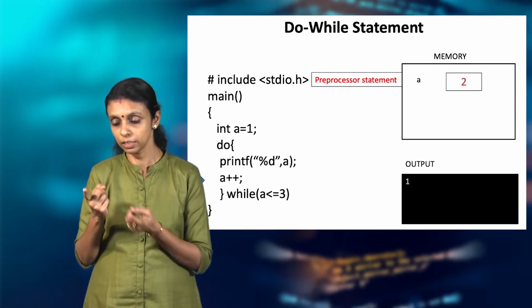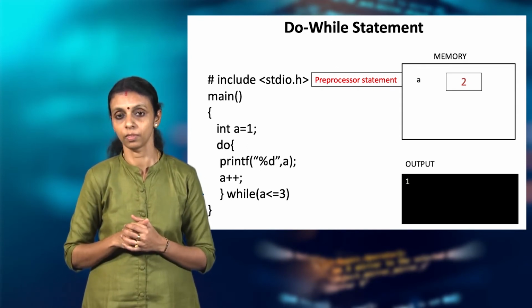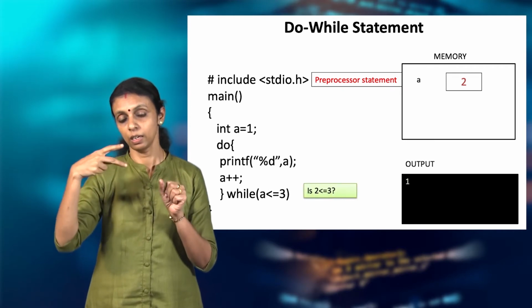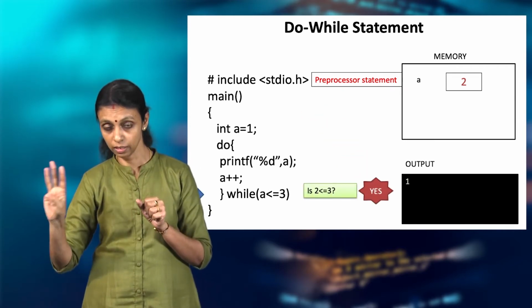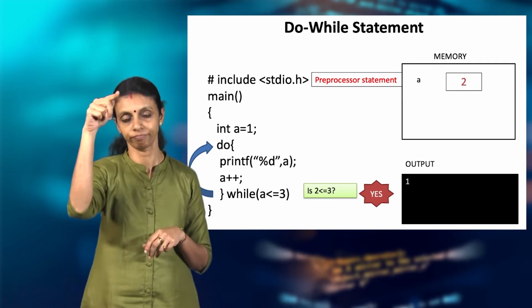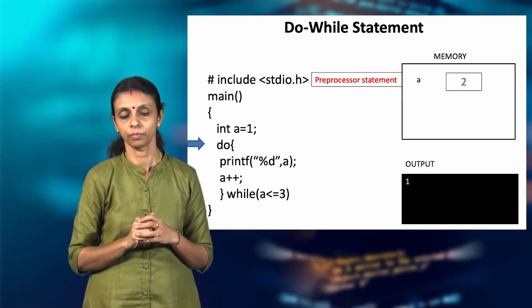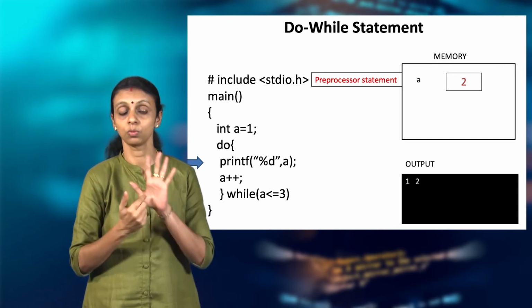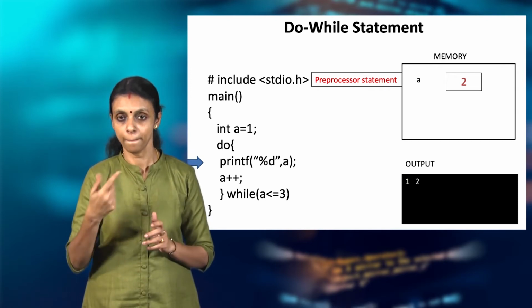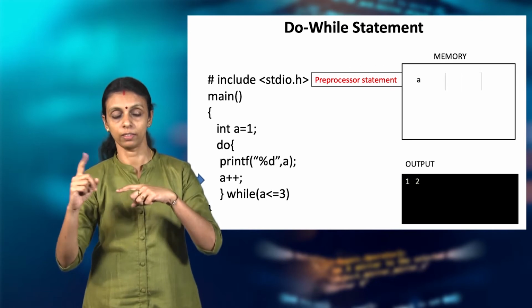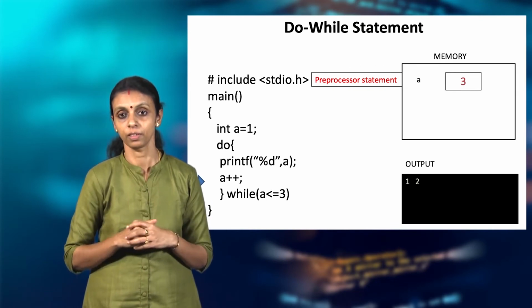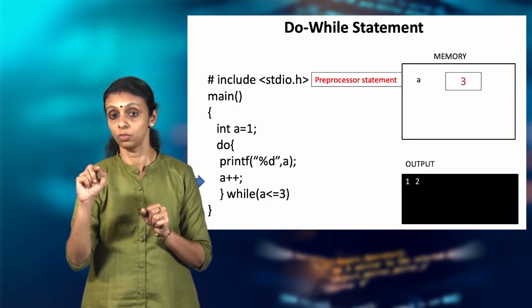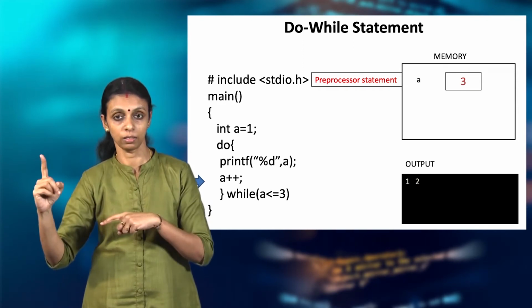Checks the condition. Is 2 less than or equal to 3? Yes. Loops back. Prints value of A, that is 2. Then increments value of A, that is A is equal to 2 plus 1, 3.